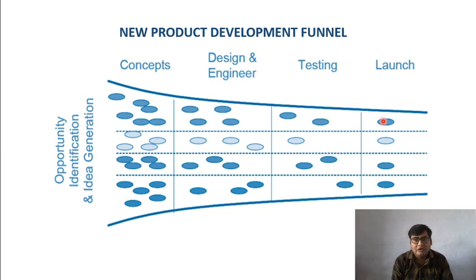Now after launching the product in the market, initially not many people will know about it. People had a need of writing something on paper. Now we have addressed that need. We have a product that can be used to write on paper. We developed a pen which is used for writing on paper.